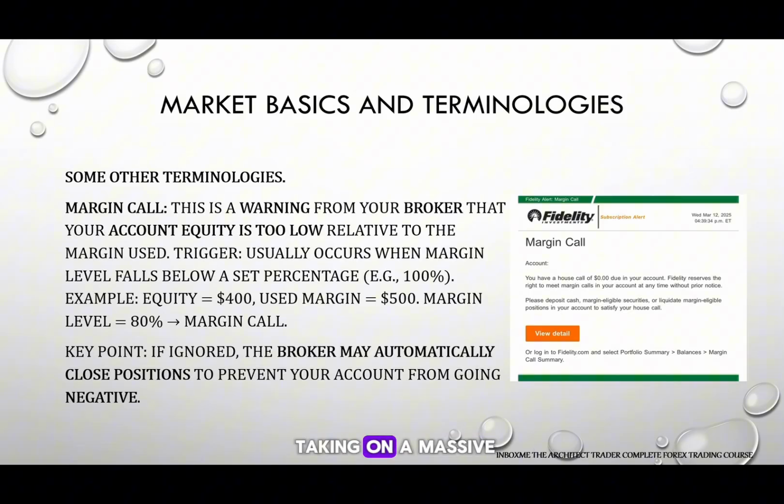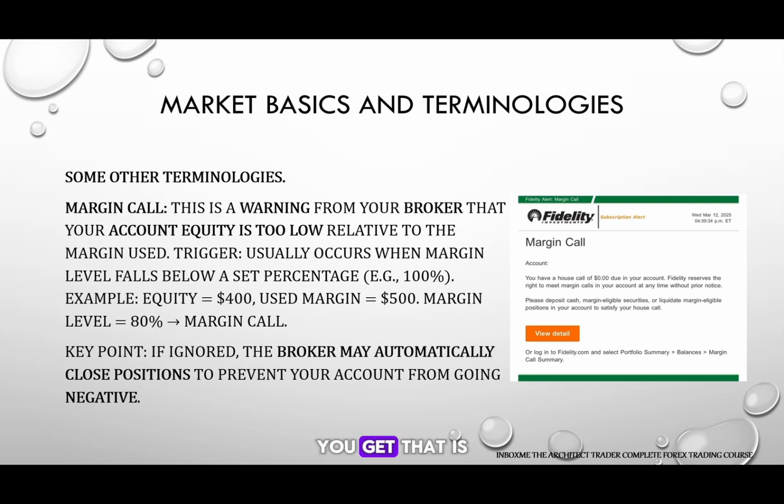Let's say you're taking a leveraged position with a huge lot size, and this particular trade is going against you aggressively, and you just have maybe a few cents left in your account, and it's out of life. That's when your broker sends you an email that your account is too low.